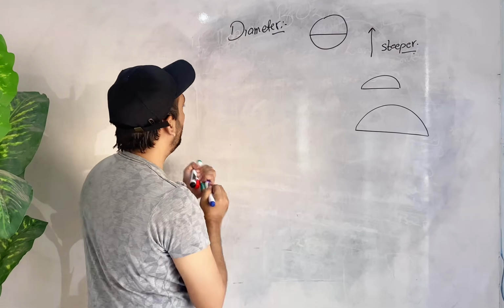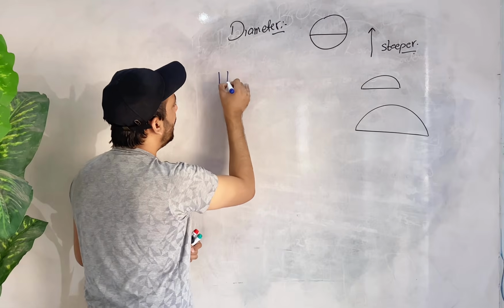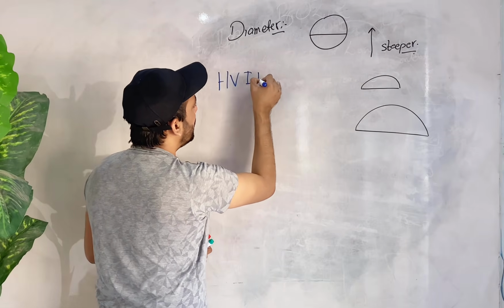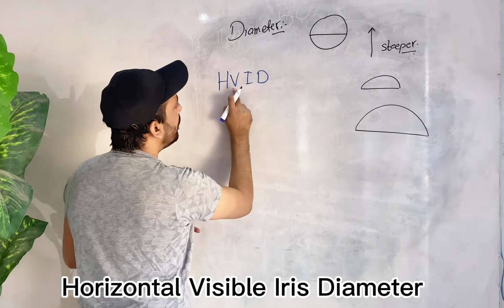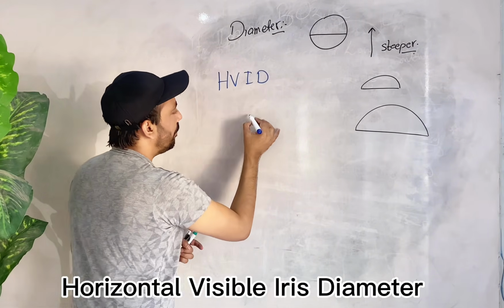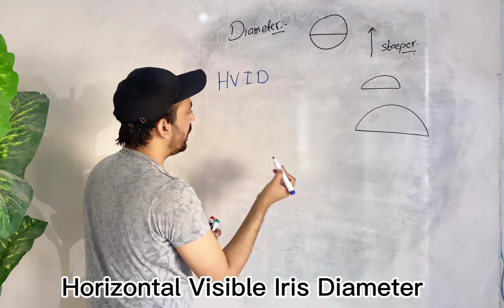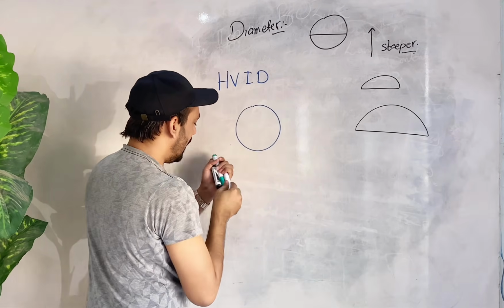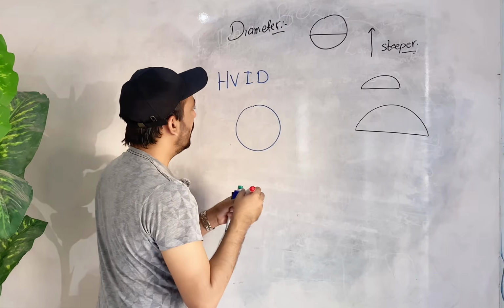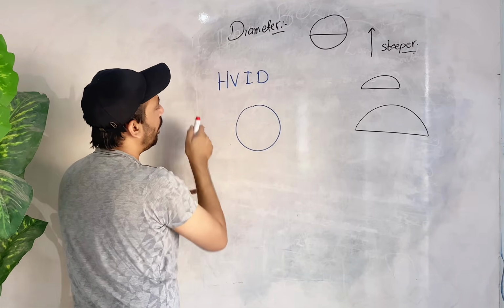So to measure the diameter, we have to measure the HVID, right? This is very simple. HVID means horizontal visible iris diameter, right? The iris is the colorful structure of the eyeball. So this is the iris, and we have to go in a horizontal way, right?